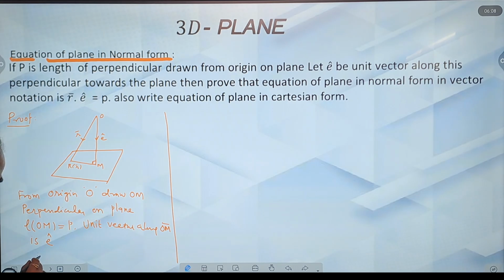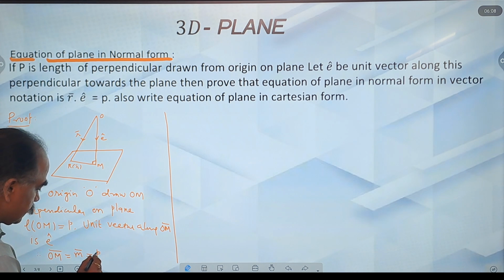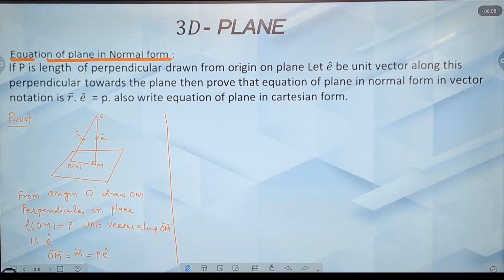Therefore, OM bar is equal to M bar. Any vector is what? Magnitude into unit vector. Magnitude is what? P. And unit vector is what? E cap. OM bar is what? PE cap.